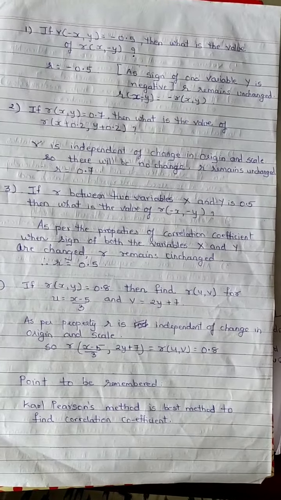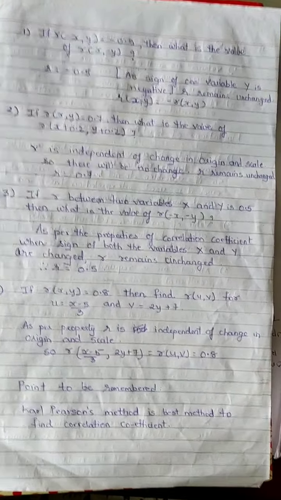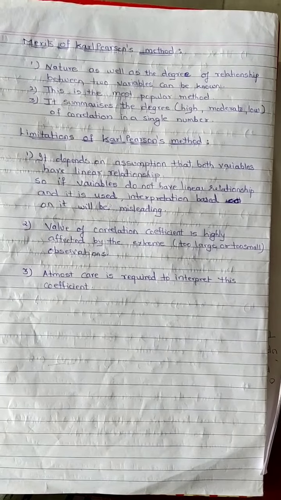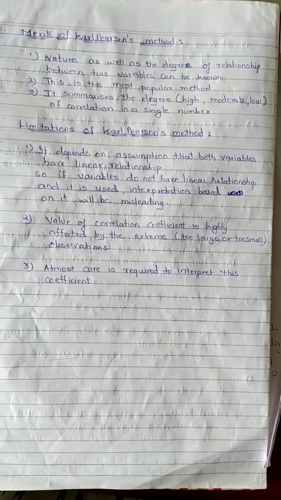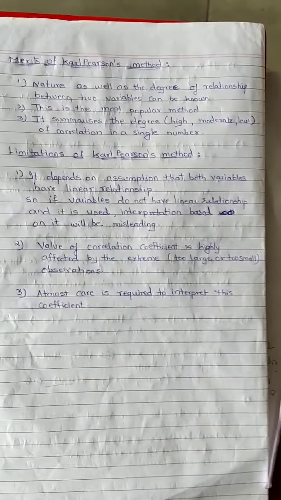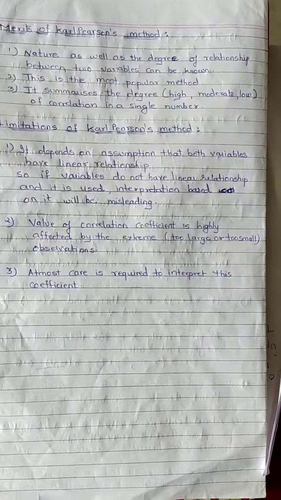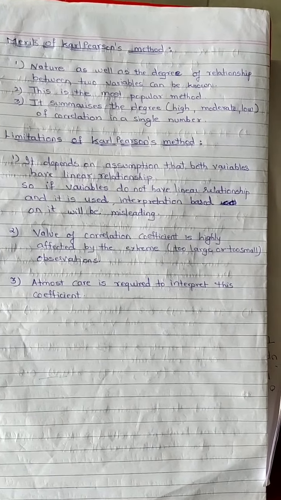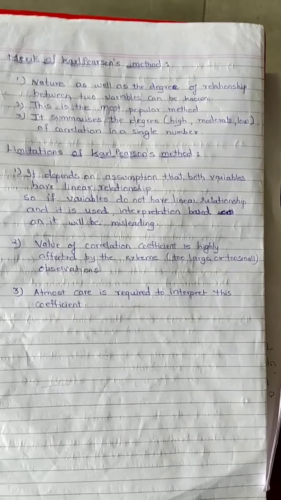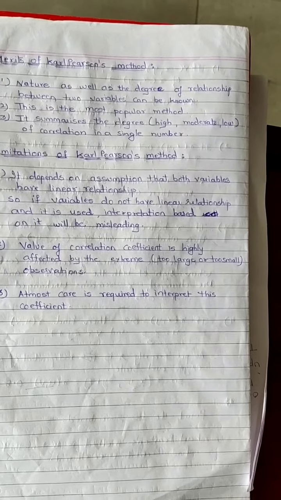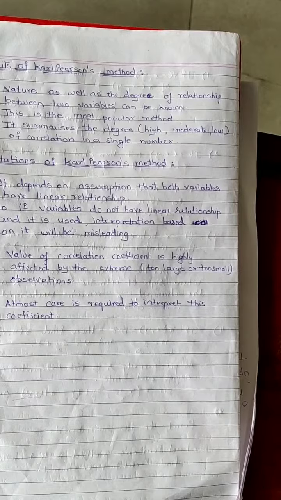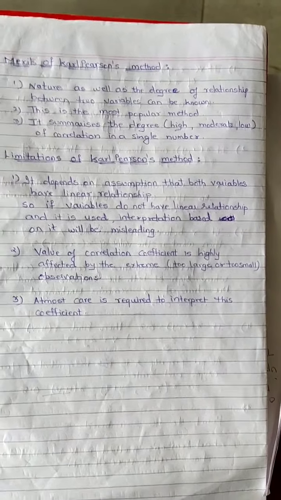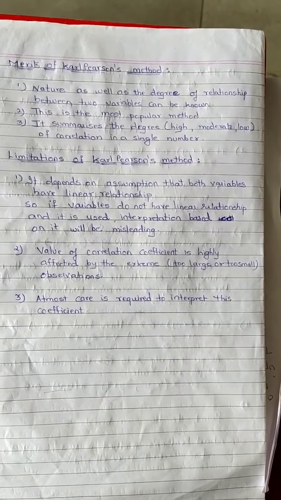Let us now see the merits and limitations of Pearson's method. Merits of Pearson's method. First, the nature as well as the degree of relationship between two variables can be known. Either we can say there is a positive or negative correlation, and up to what extent, as the value lies between -1 and +1.